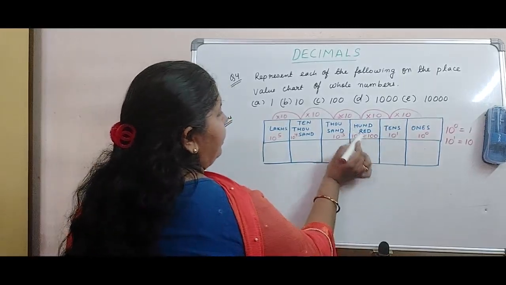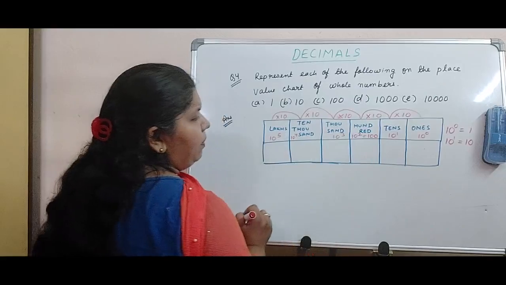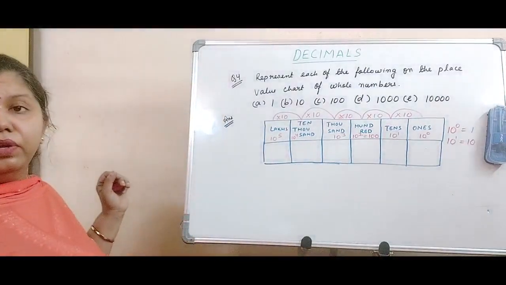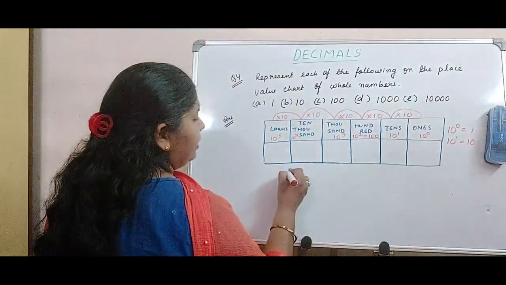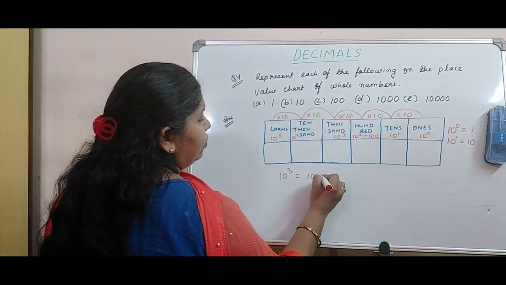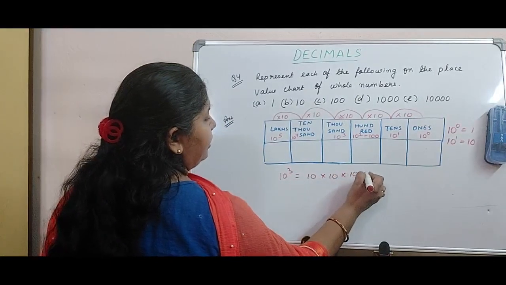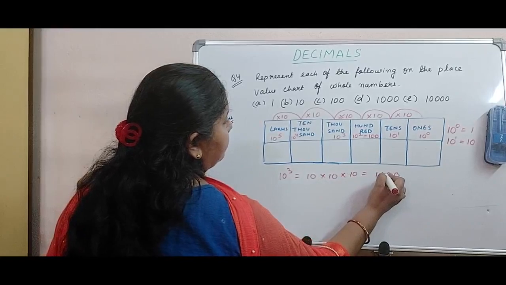Then with 100, if you multiply 10, you will get 10 to the power 3. And what is 10 to the power 3? It is 10 into 10 into 10, that is equal to 1000.